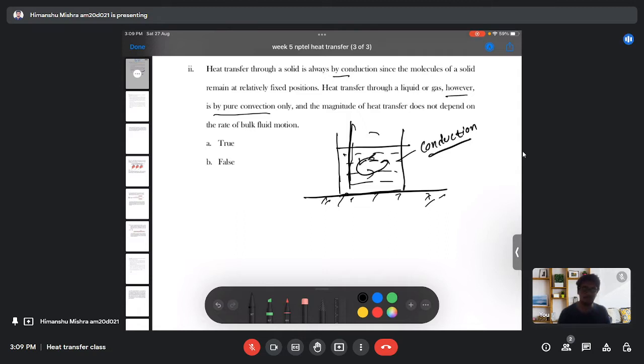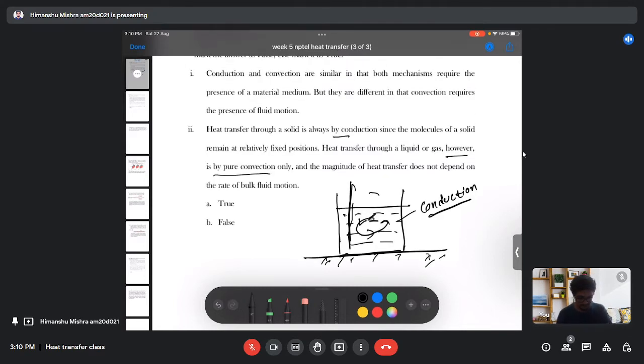When I generate the vortex motion, there is a bulk movement of the fluid parcel inside this jar, and then we can conclude that, depending on the velocity and other physical parameters, the heat transfer occurs due to conduction as well as convection. So the second statement is not correct. Only the first statement is correct. So the option is B.